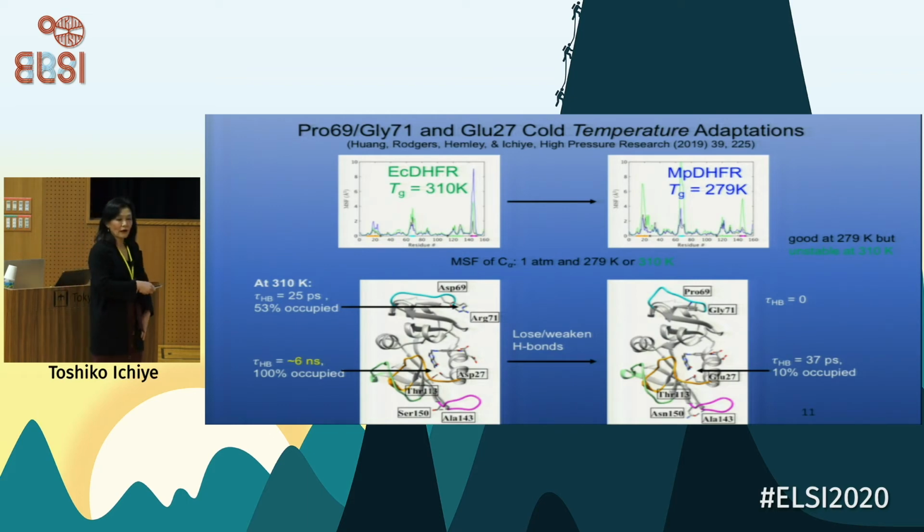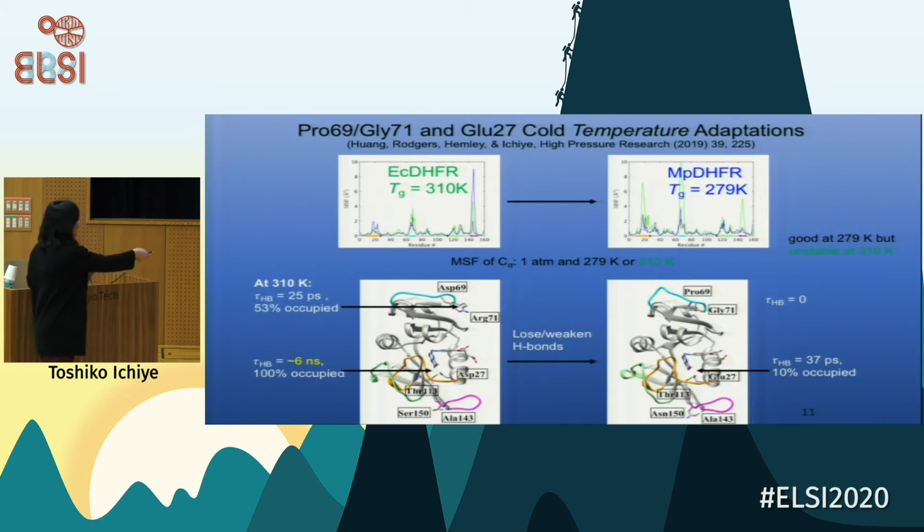So this is a weak hydrogen bond. And again, more or stronger hydrogen bonds make you work better at high temperatures. So we think that these are things that have helped the adaptation towards cold, by one disappearing or the other getting very weak.